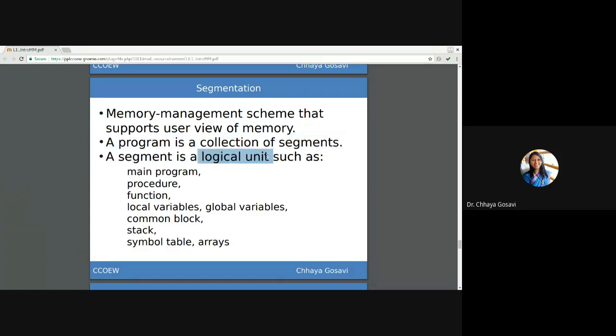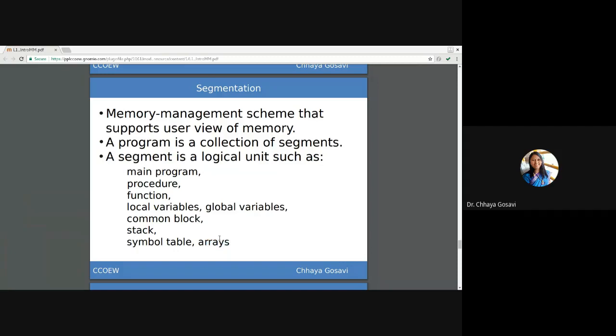Instead of dividing a process based on equal size, it is divided logically, into variable sizes depending upon the logic. For example, main program, a particular procedure, function, variables, local variables, global variables, or a for loop or a particular block, then stack, symbol table, array, whatever, a particular segment.